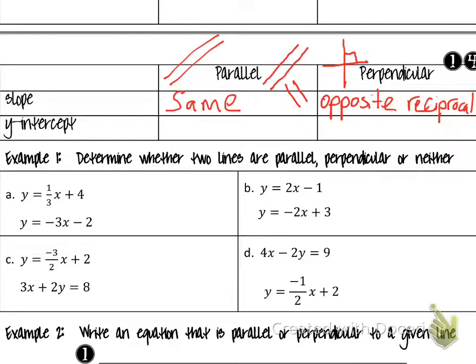So what that means is the opposite, meaning if one's positive, the other line has to have a negative slope. Reciprocal means if you have a fraction, if your fraction is 2 over 3, the reciprocal will be 3 over 2.